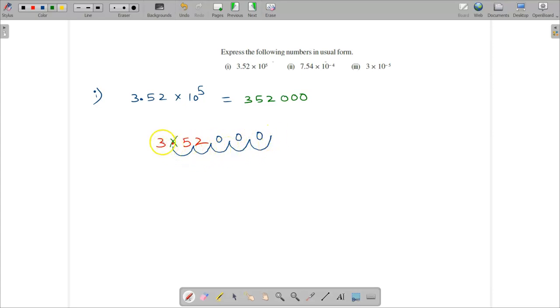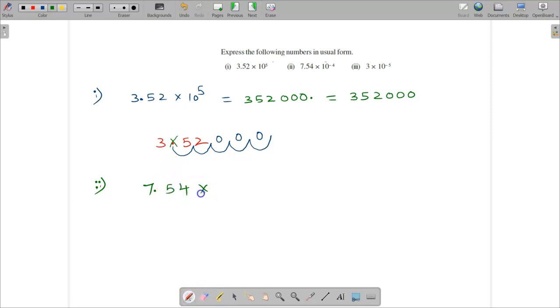So it will become 352,000. The decimal point will come to the end. That end decimal point we can discard and we can write the number just as 352,000.